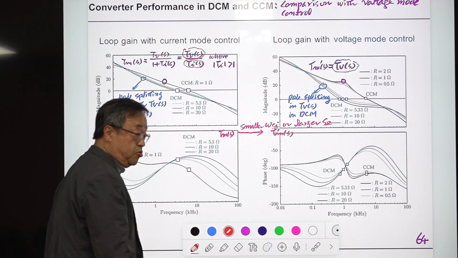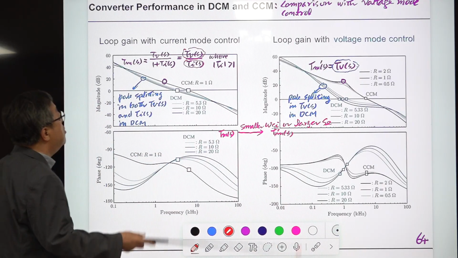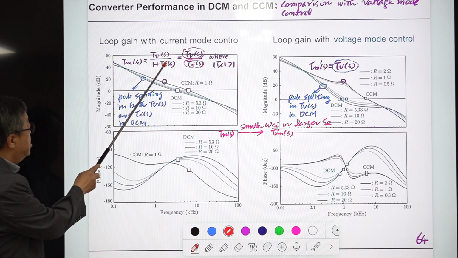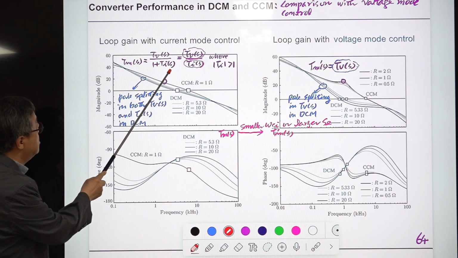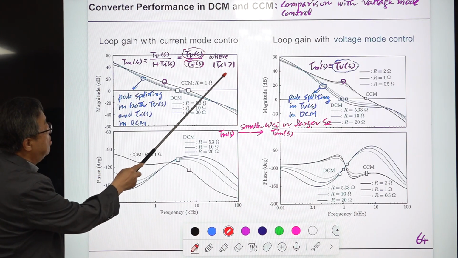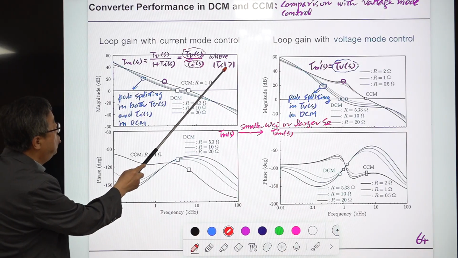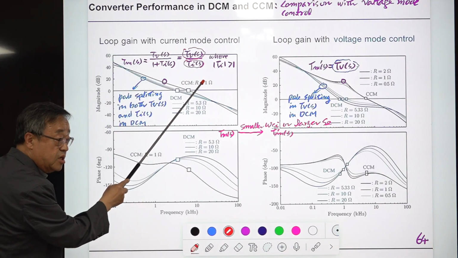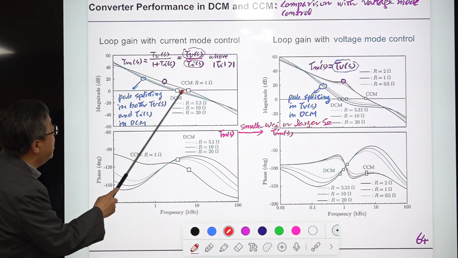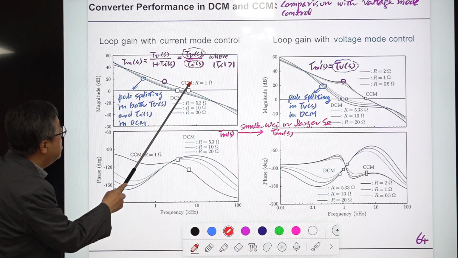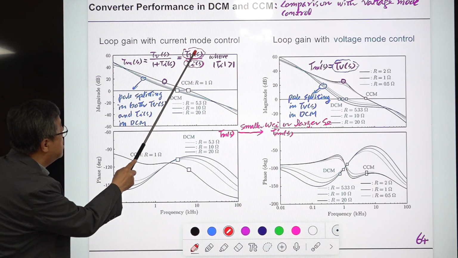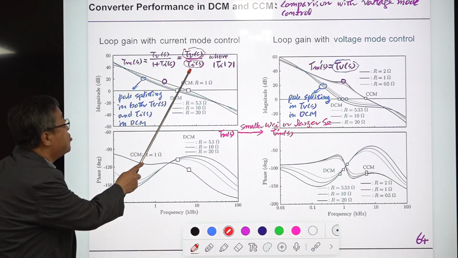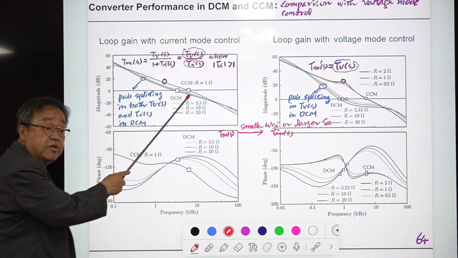Let's take a look at the case for current mode control. For current mode control, the expression is given like this: T_BS divided by 1 plus T_IS. At frequencies where the magnitude of the current loop is larger than unity, you ignore the 1, and this is the ratio. In CCM, there's a double pole. In DCM, this double pole is split into two real poles, but the same thing occurs here, which means the ratio remains the same.